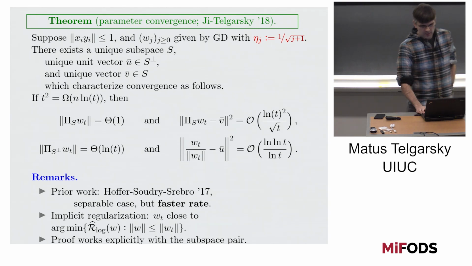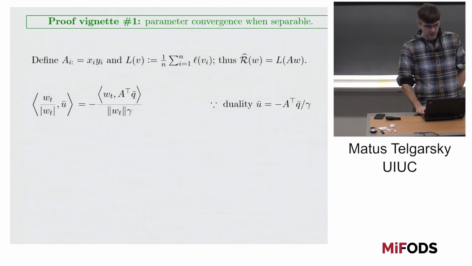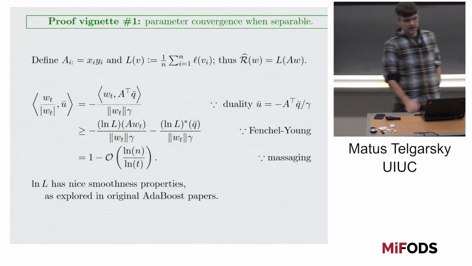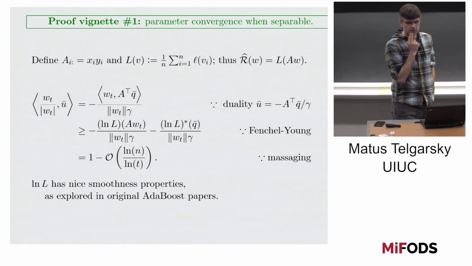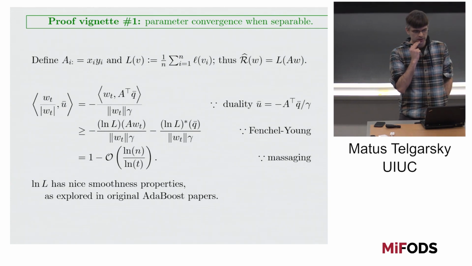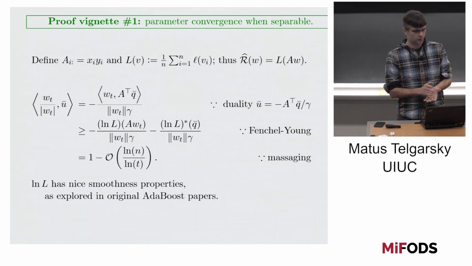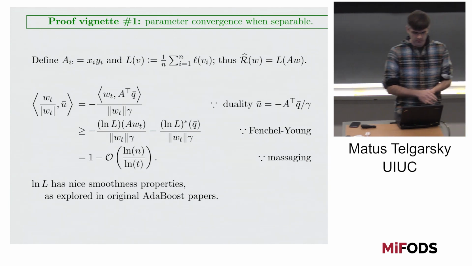But maybe since the videos are recorded, I'll just flash these 2 slides of the proof. I'm extracting these 2 parts because 2 of the key parts of the proof are very simple and intuitive. To prove this margin maximization, albeit at a slower rate than what Nati gets, there's a trick proof using the Fenchel-Young inequality, which is basically the entire proof. So I'll just flash this.